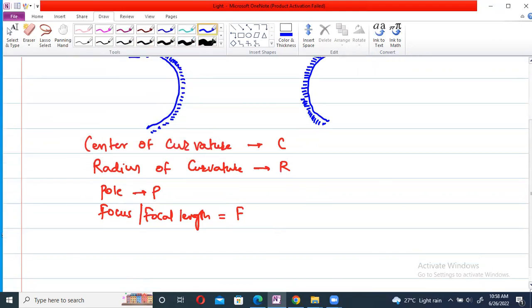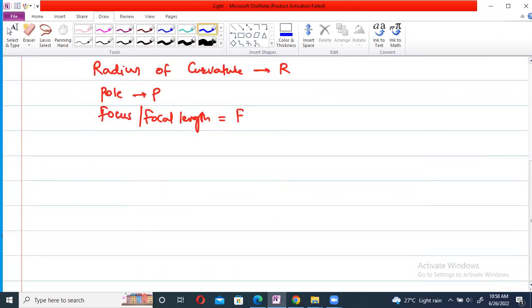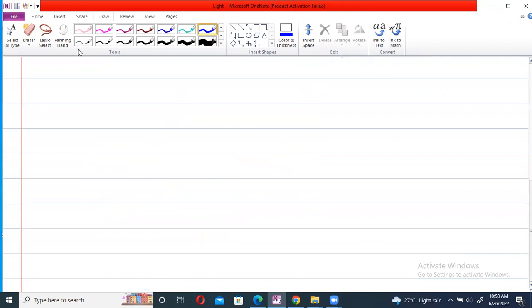So let us go with an example. I will take one example of a concave mirror. Just think that it is a mirror obtained from a spherical sphere.